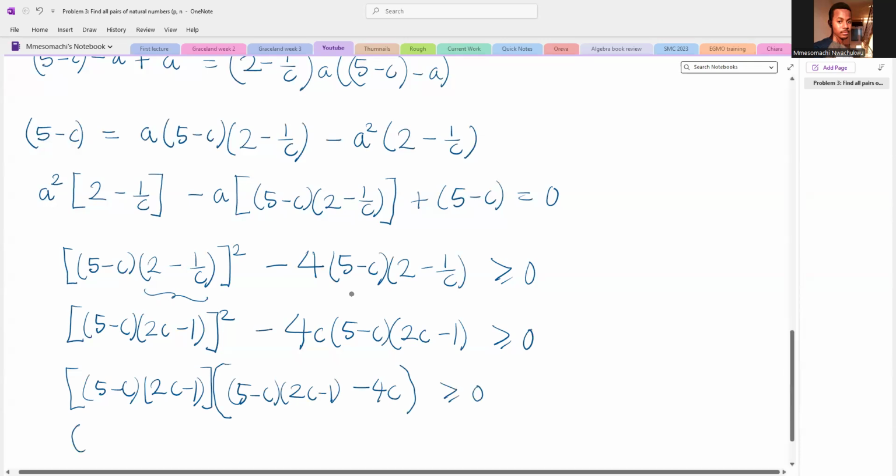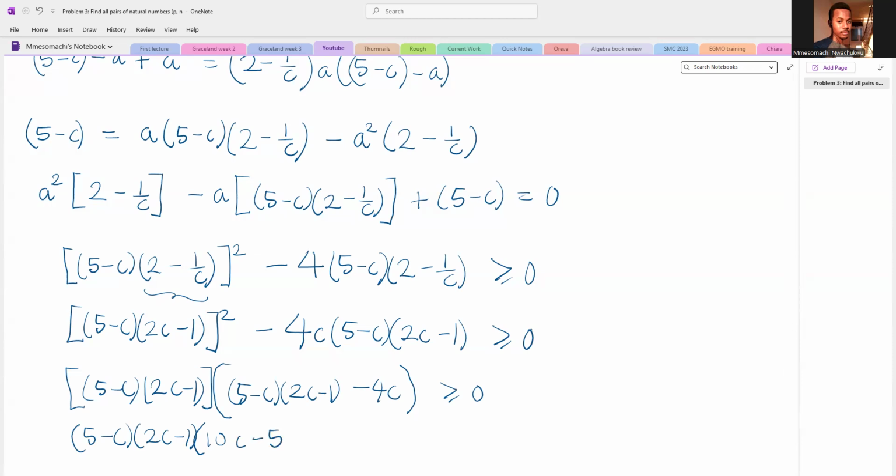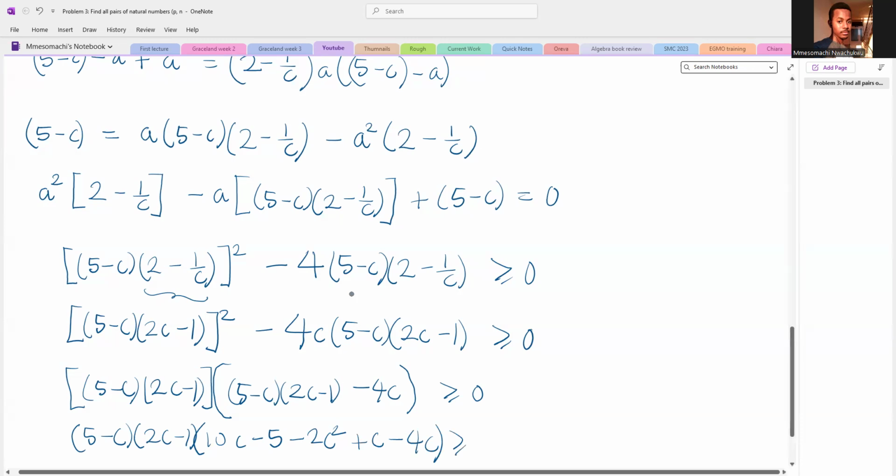So we can expand this out. 5 times 2c is 10c. 5 times minus 1 is minus 5. Minus c times 2c is minus 2c squared. Minus c times minus 1 is plus c. Then minus 4c, greater than or equal to 0.